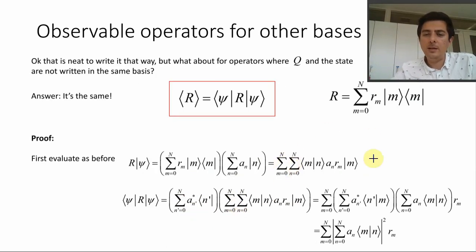It looks really ugly, but that's the best we can do with this expression. Then we multiply the R psi by the conjugate vector. That's this ugly looking thing which I calculated in the previous line.